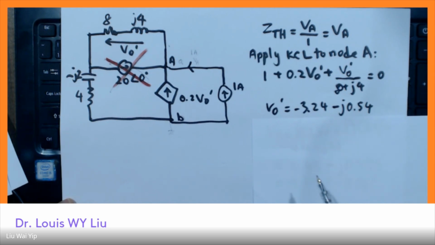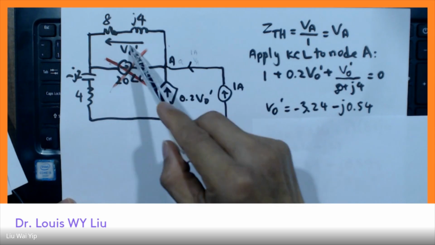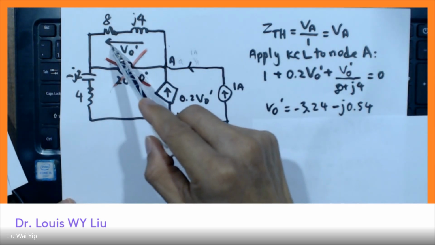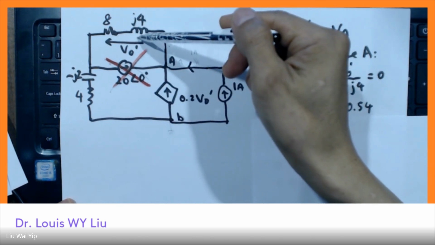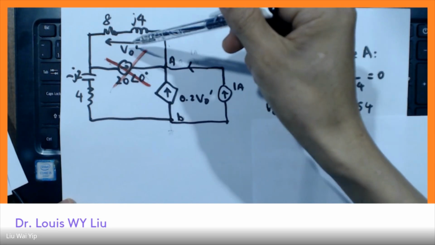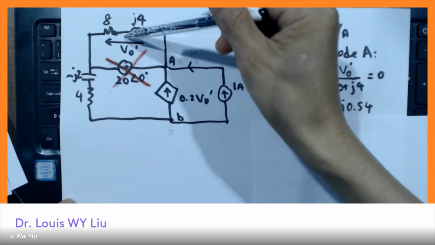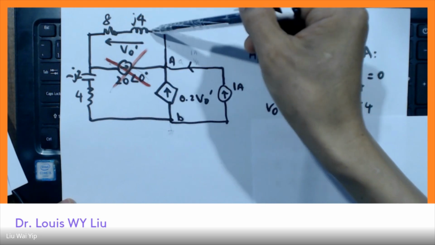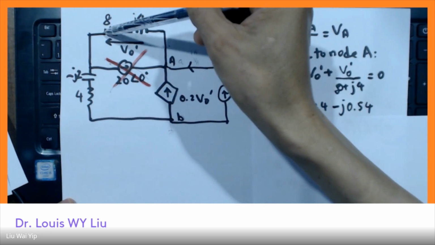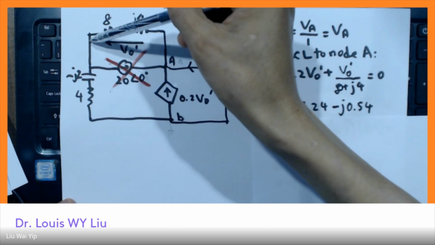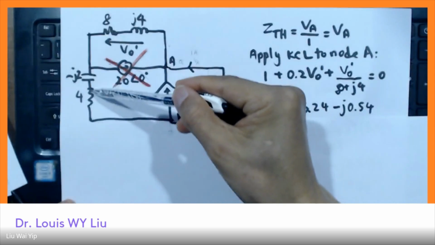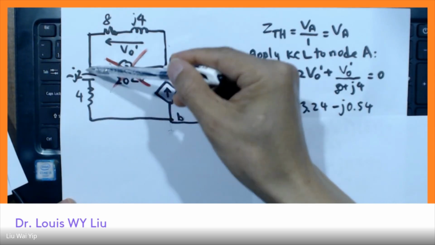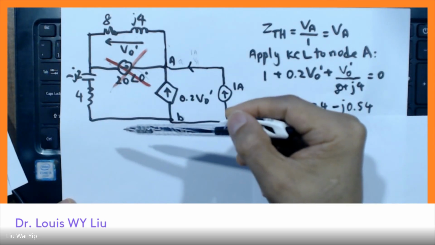So now you get the V0 and you got the impedance here, and literally you know the current here. The current flowing in this branch should be continuously equal to the current through this impedance. So this is one way to find the current.